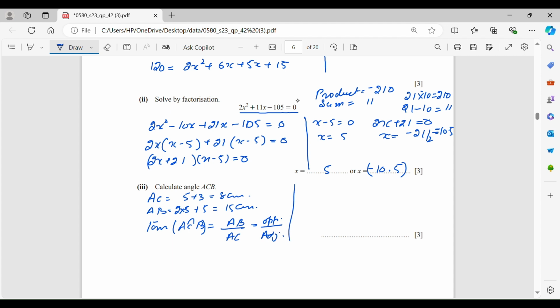So tan of ACB will be equal to 15 by 8. Now ACB will be equal to tan inverse of 15 by 8, which is approximately equal to 61.9275. So we will take 61.9 degree, right?